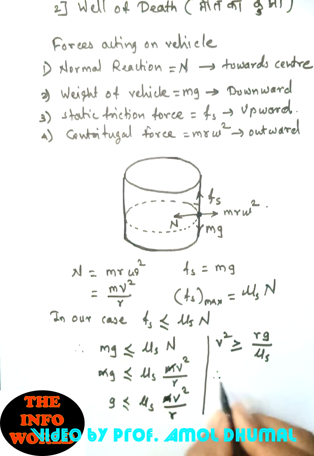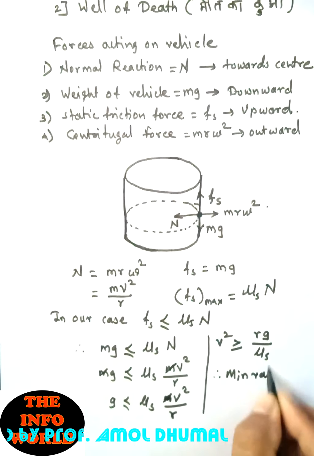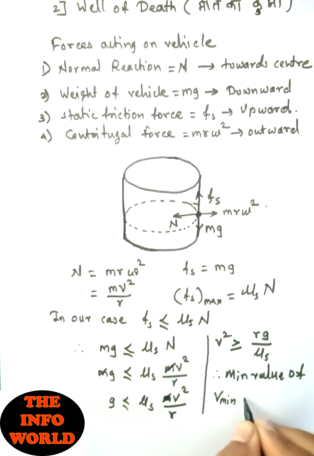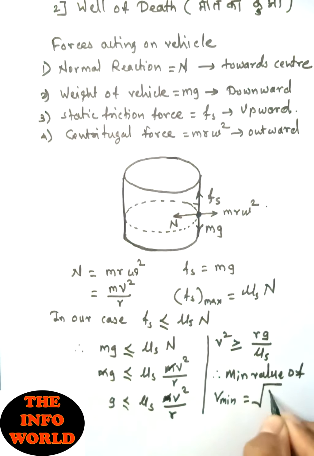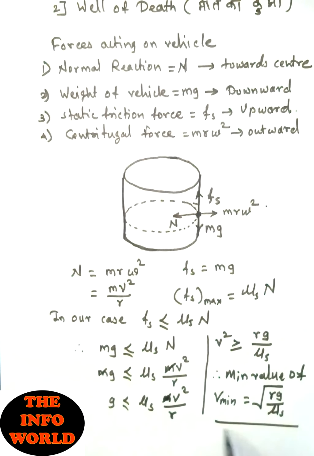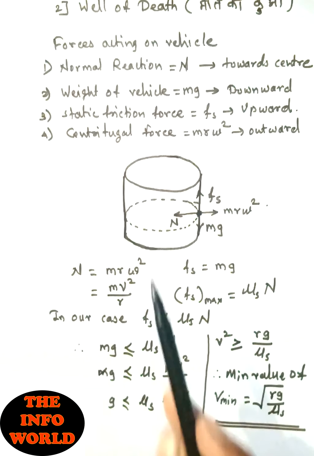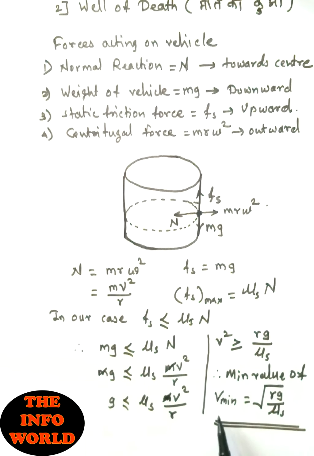Minimum value of v is equal to under root rg by mu s. So this is the expression for minimum velocity in the well of death. So in the well of death, the rider must ride the vehicle with a minimum velocity, which is equal to under root rg by mu s.